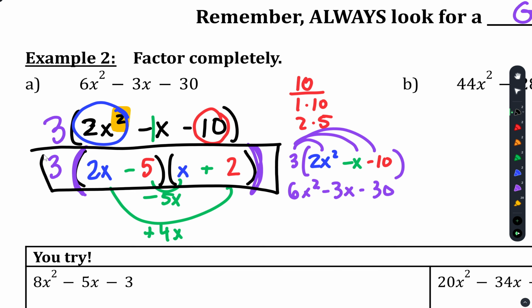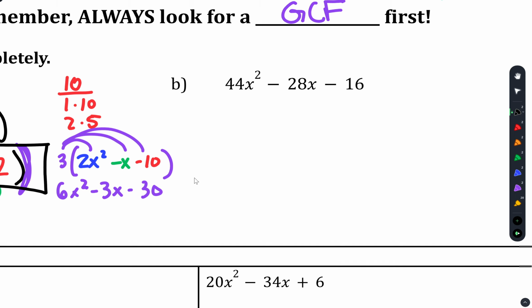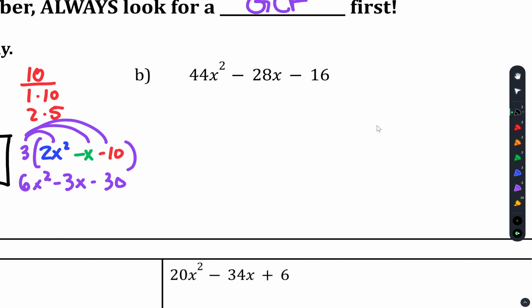I'm going to do 2 more, and then I'll leave you alone. Letter B. What's my GCF? Anybody know what the GCF here is? Jay says 4. I agree with 4. Leftovers, 11x squared minus 7x minus 4.